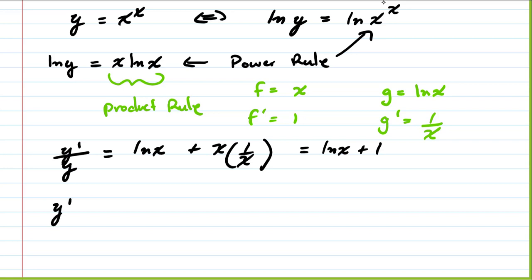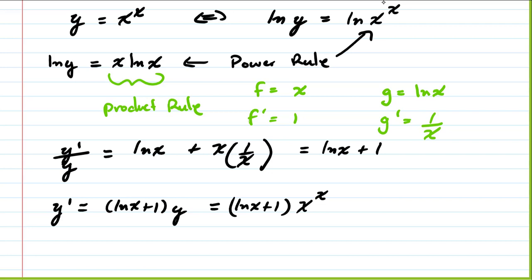So then solving, we get y prime is equal to ln x plus 1 times y, but y was x to the x. So our derivative of x to the x is the natural logarithm of x plus 1 times x to the x.